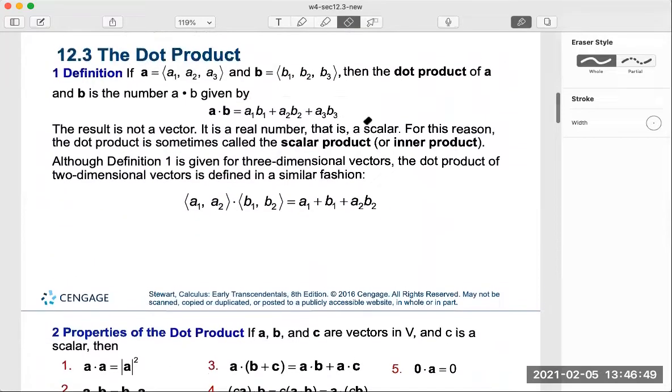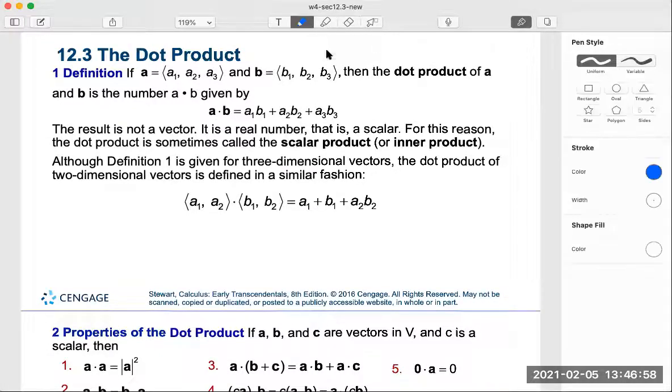And now, in 3D, there's something called the dot product. The definition is that the dot product of the two vectors A and B will be the summation of the products of each coordinate: A1B1 plus A2B2 plus A3B3. It's quite easy, right?